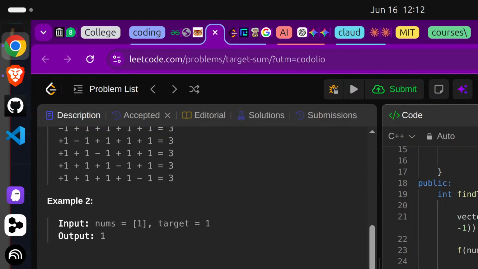Comma, I think 0, right? I don't know. Target plus 2000. What do you say?